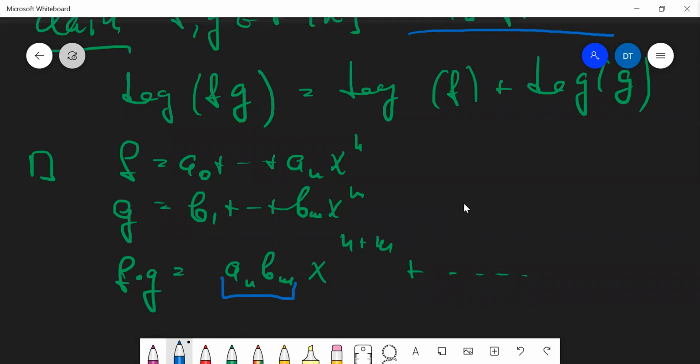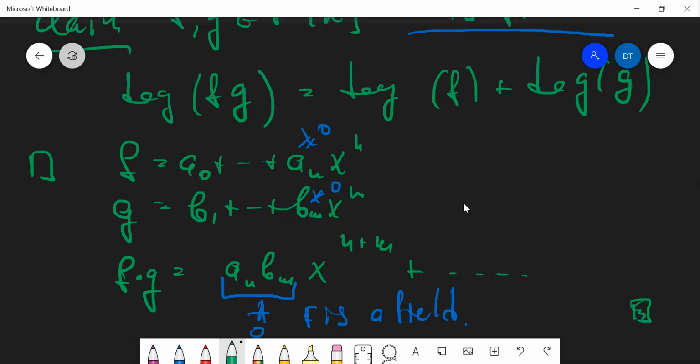And if a is non-zero and b is not 0, which means that the degree of f is n and the degree of g is m, then their product is not 0, because in a field we do not have zero divisors, because F is a field. And that's why n plus m is the highest degree of the product, and we have this formula.